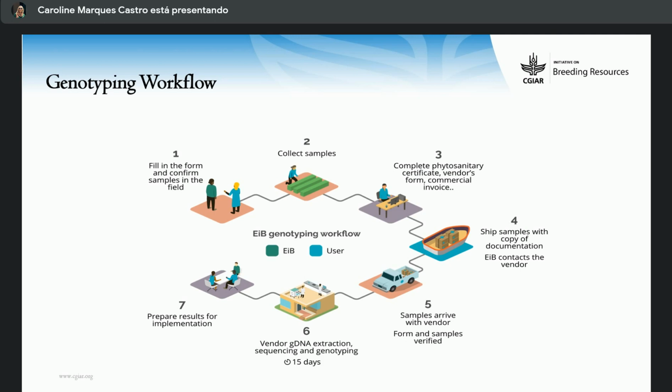Then we complete the phytosanitary certificate and the vendor's form and the commercial invoice. We ship the samples to the vendor, and when the vendor gets the samples, they do the DNA extraction, sequencing, and genotyping in 15 days and return the results to whoever submitted the samples. Next slide, please.